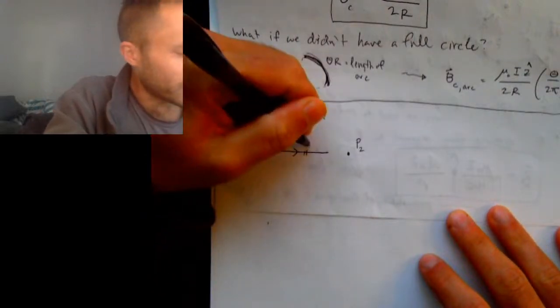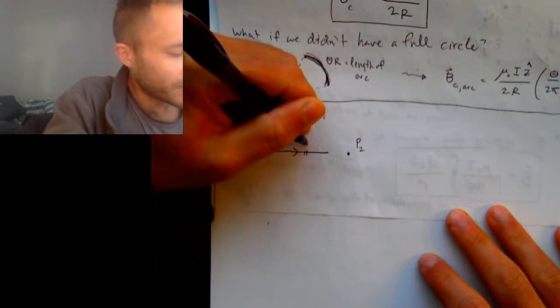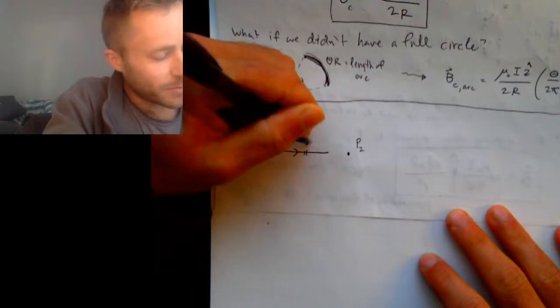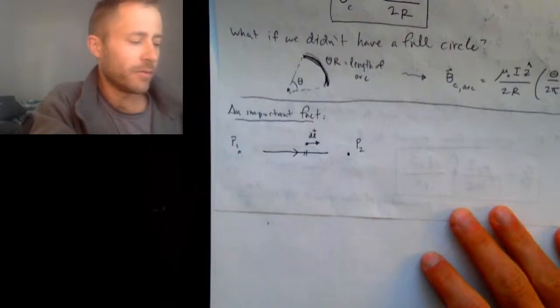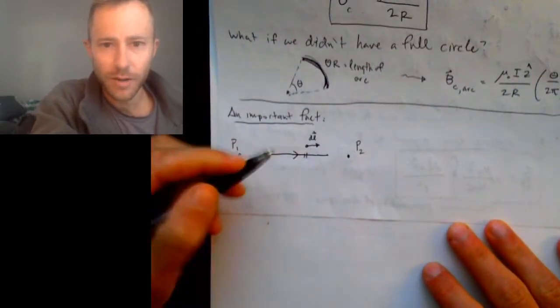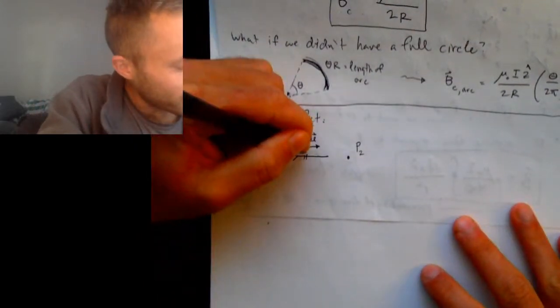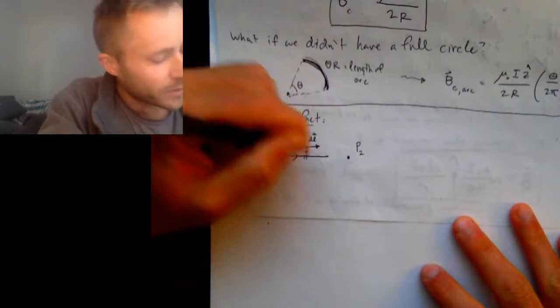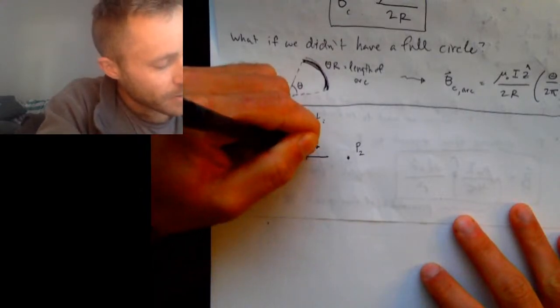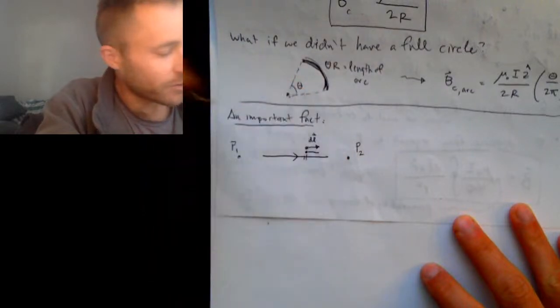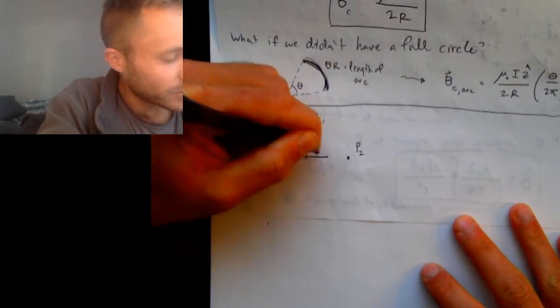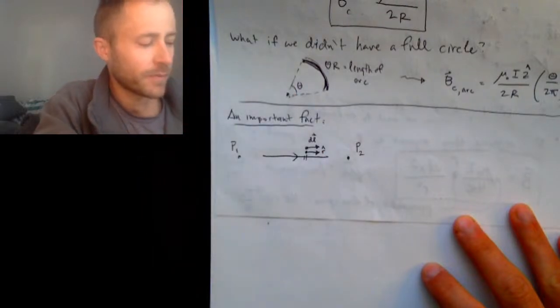What if I was talking about point 2? My dL points in the direction of the wire, which is to the right. And then my r hat vector points from the segment of wire to where I want to calculate the magnetic field, so it also points to the right.